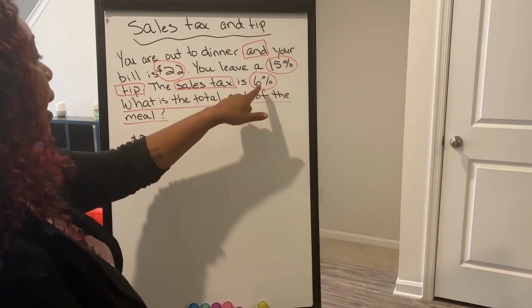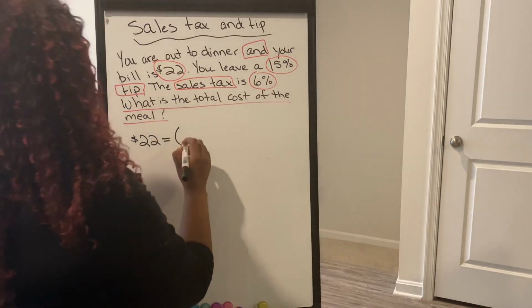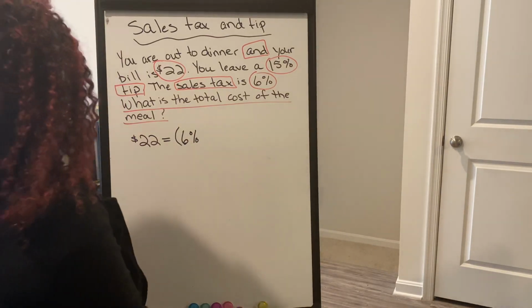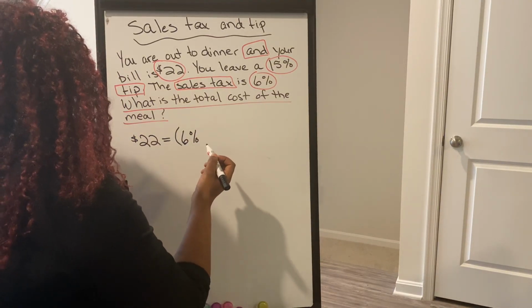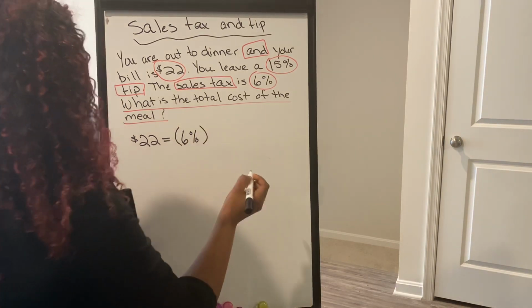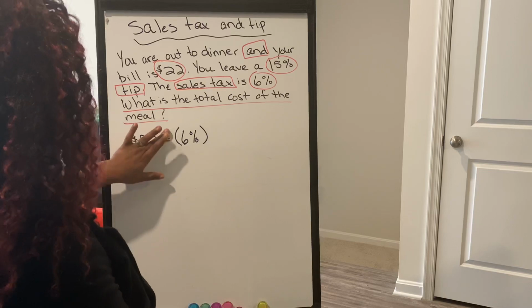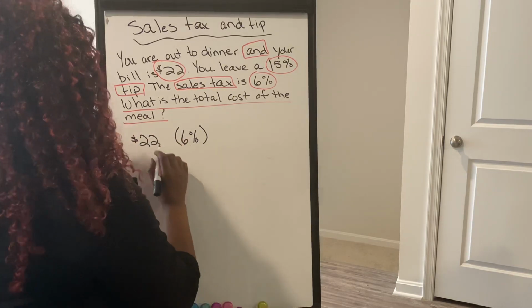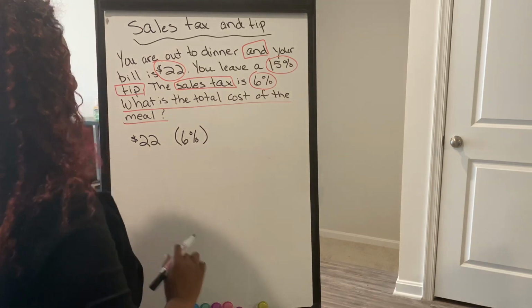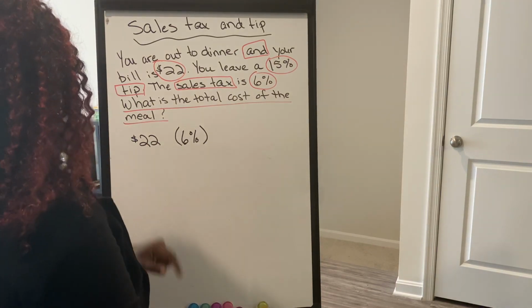My sales tax is 6%. When we say the word and, we'll start with sales tax. So this times this, 22 times 6%.